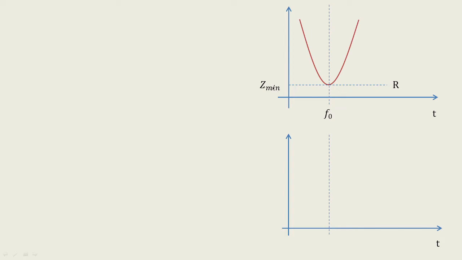When you take the help of Ohm's law, because the impedance, which is equivalent to resistance, is minimum, the current is going to be maximum. So naturally the current graph will be quite opposite to the impedance graph. This is how you are going to get the current graph.